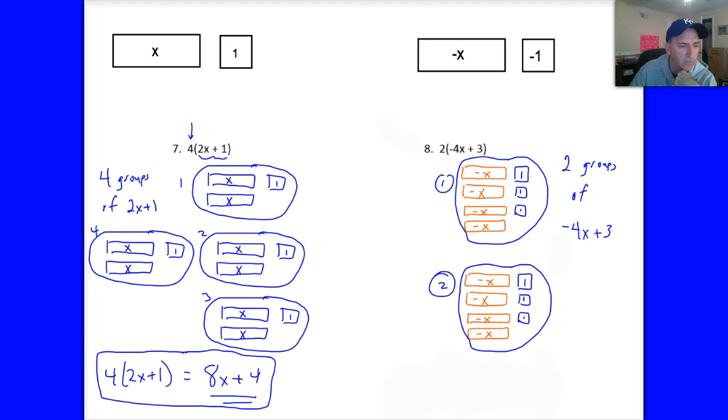So the final answer would come down to 2 times negative 4x plus 3 equals negative 8x plus 6. So the answer is that right there. That's the answer to that question.